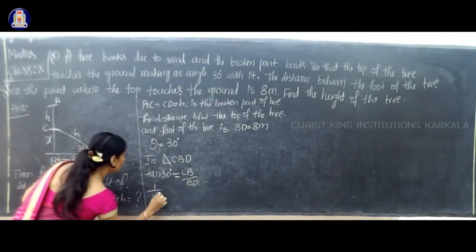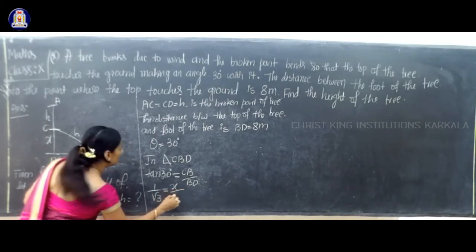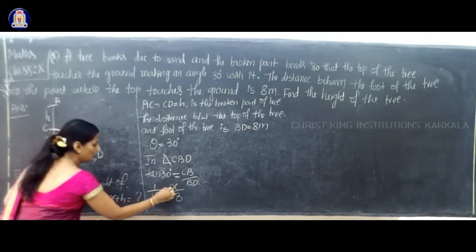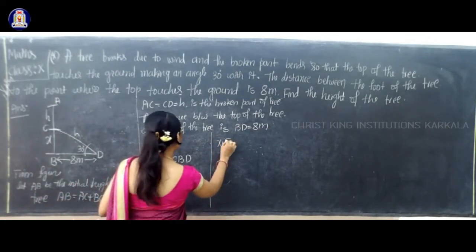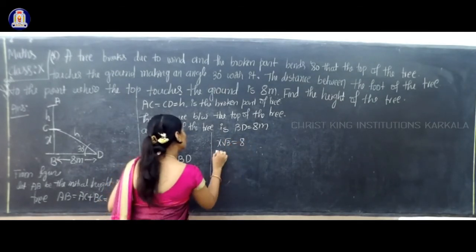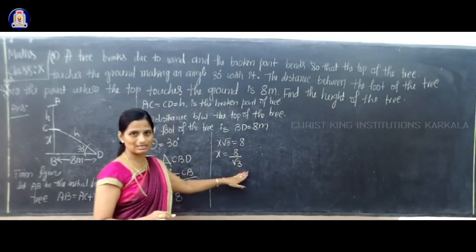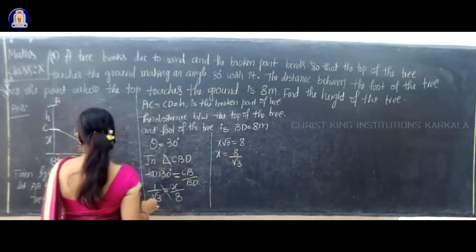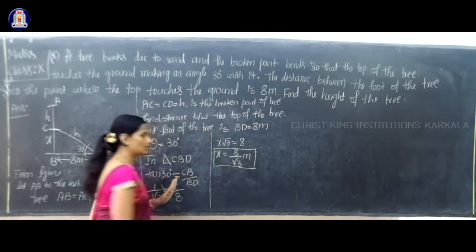Tan 30 is 1 by root 3, equal to CB is X divided by BD is 8. I need X, cross multiply. So we get X root 3 is equal to 8. So X is equal to 8 divided by root 3. Now don't rationalize, keep it as it is, in meters. I need this one, so keep it as it is.